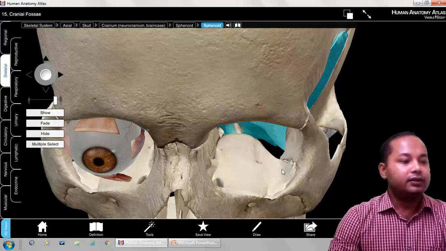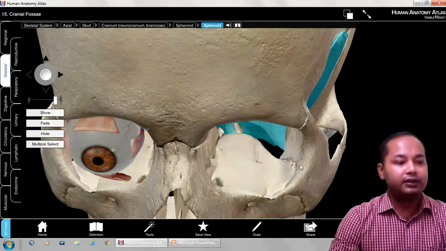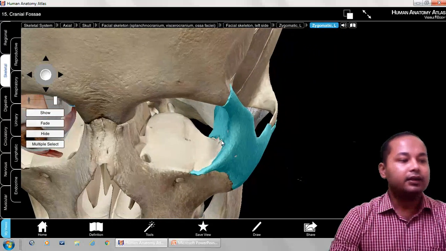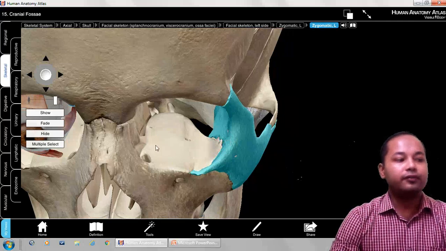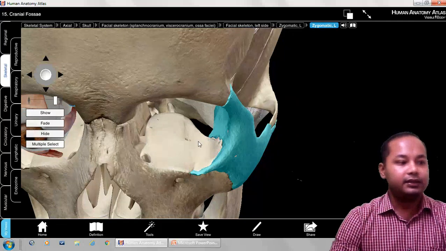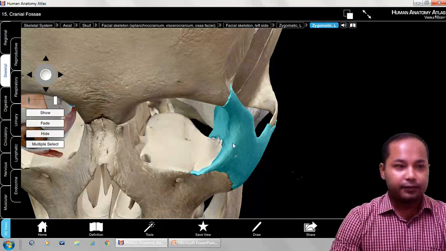So this floor is made up in some part, the lateral part, by the zygomatic bone. Yes, of course, you are right. Most of the floor is occupied by the maxilla, sorry, less of it by the zygomatic bone and most of it by the maxilla.